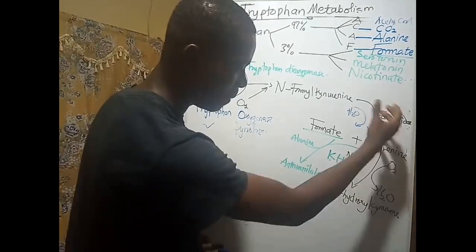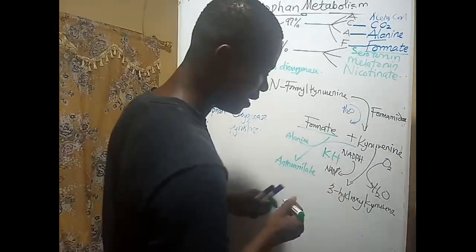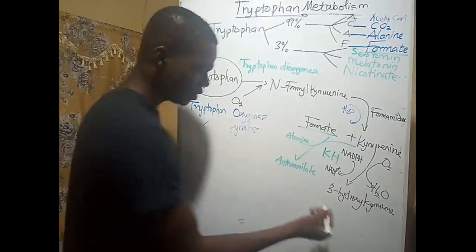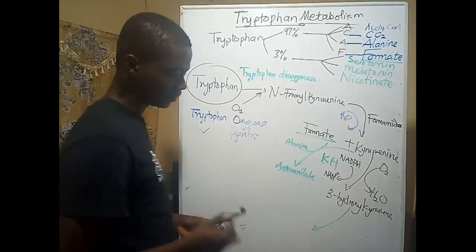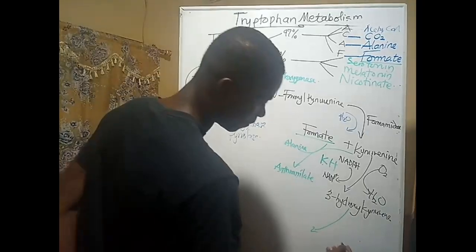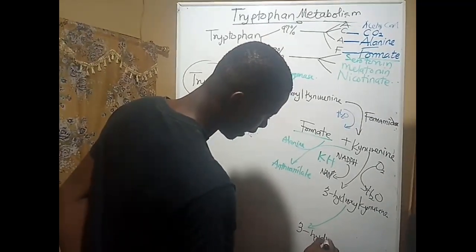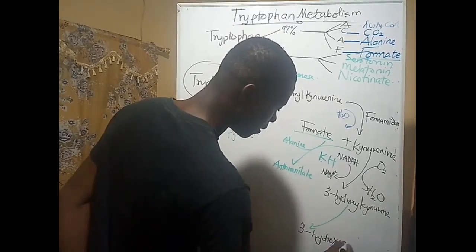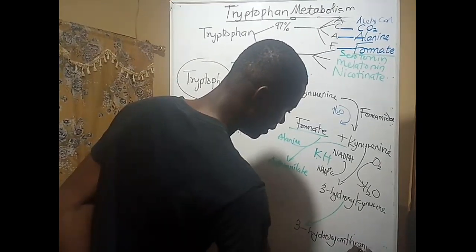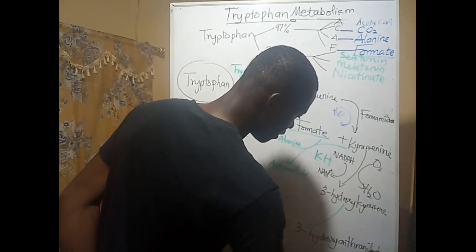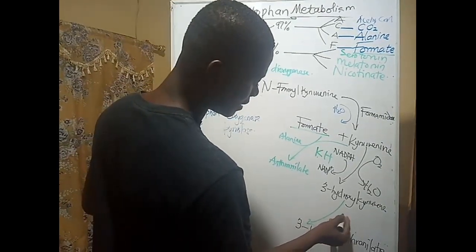And then we are going through the major one, which is along the path of 3-hydroxykynurenine. So 3-hydroxykynurenine is further broken down. Now, this time round, it's broken down to give us 3-hydroxyanthranilate.